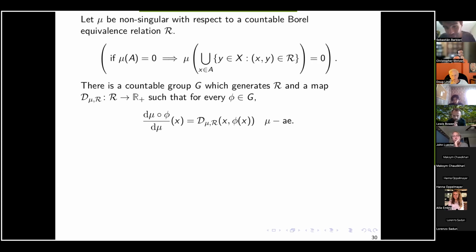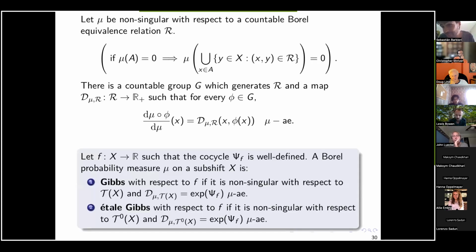With some work, I can show that I can redefine what it means to be a Gibbs measure by saying that this Radon-Nikodym cocycle is exactly the exponential of the cocycle, μ-almost everywhere. And the interesting thing is that now that I have defined Gibbsianness in terms of an equivalence relation, I can define a weaker notion, which is étale Gibbs, if this just happens with respect to the étale equivalence relation, the one induced by exchangeable patterns.